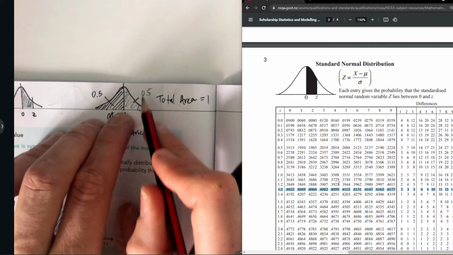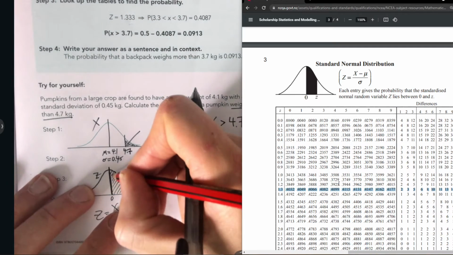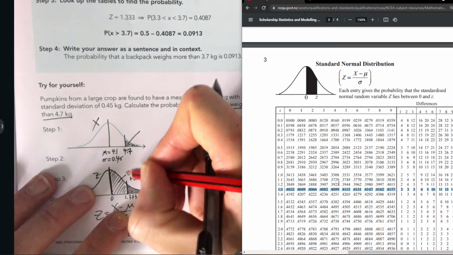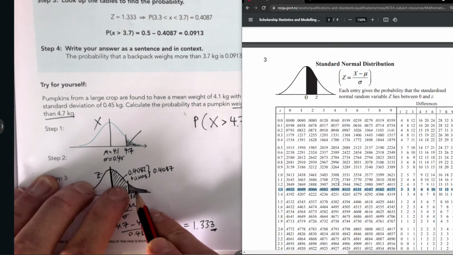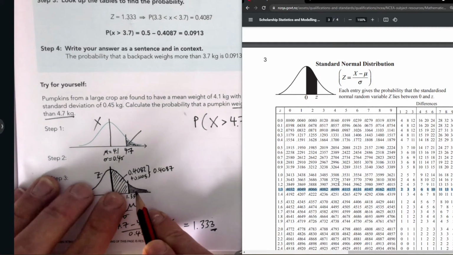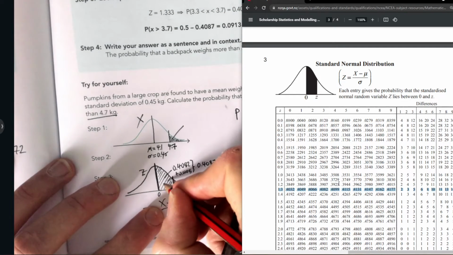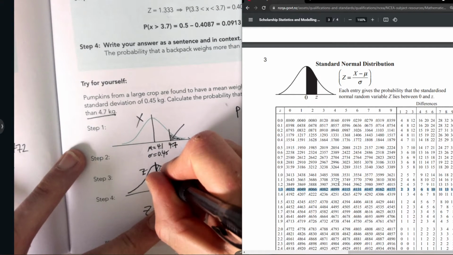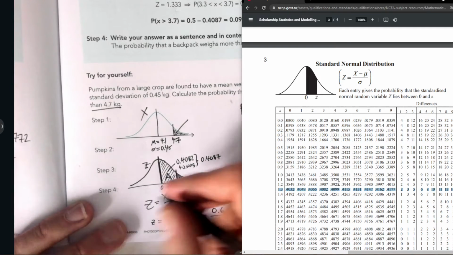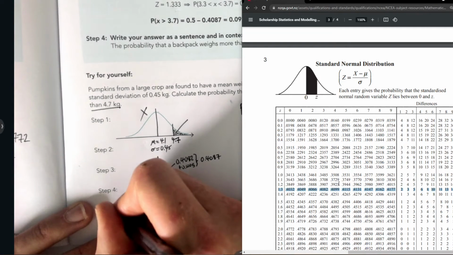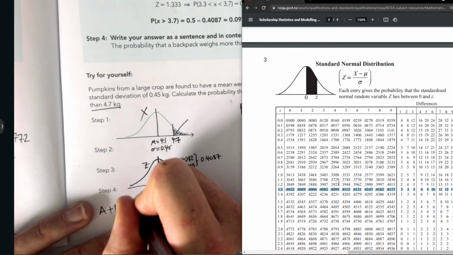Now, if this is 0.5, and we've found a portion of that area, we found this area, we know that this area plus this area is going to equal 0.5. So, say I labeled this as being A, and I labeled this as being B, we can say that A plus B is going to be 0.5.